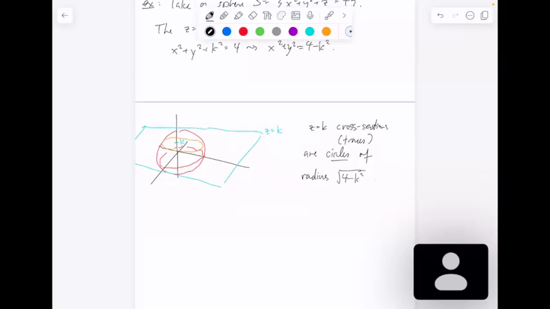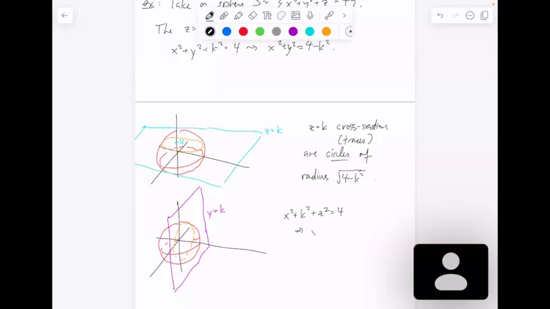Similarly, you could also have the same situation here as before, and you could slice this with planes that are parallel to a different axis. So for example, in this case, this is a plane which is given to you by y is equal to k. And similarly, you have x squared plus k squared plus z squared is equal to 4.